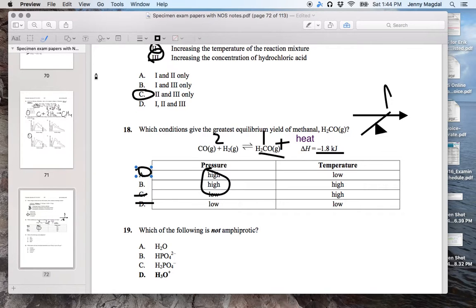There are two words that are very similar, amphiprotic and amphoteric. Amphoteric means that it can act as both an acid and a base, and amphiprotic also means that it can act as both an acid and a base. The difference is that an amphiprotic has to include a hydrogen. There has to be a way for a hydrogen to come in and a way for a hydrogen to leave.